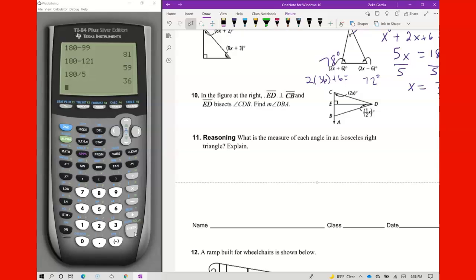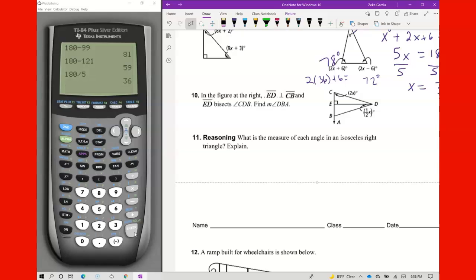And we know that ED bisects angle CDB, and you want to find angle DBA. So just a little hint, you're going to have to add those angles. Number 11, I'm not going to do 10, you're going to have to do that on your own.